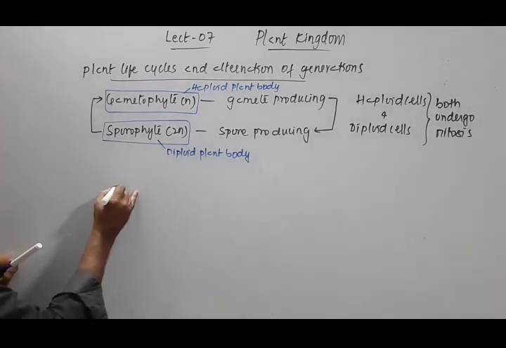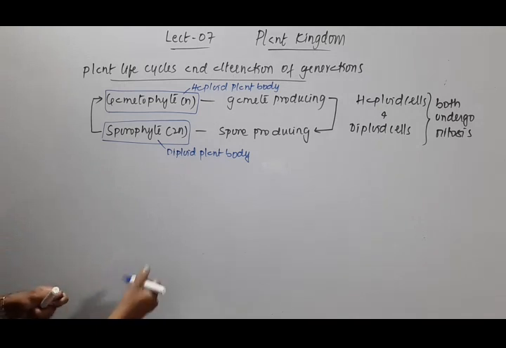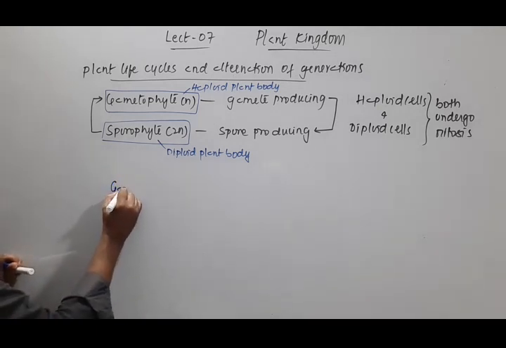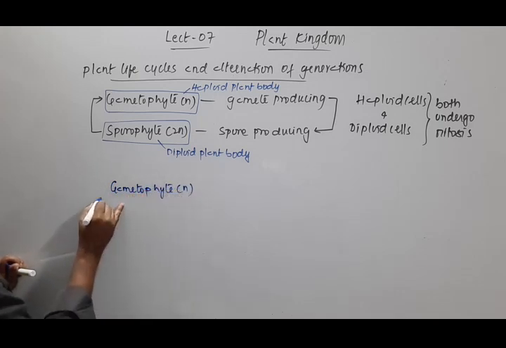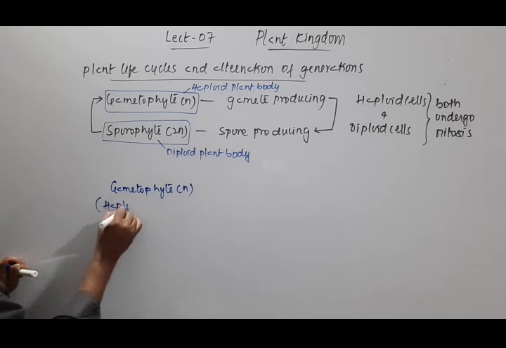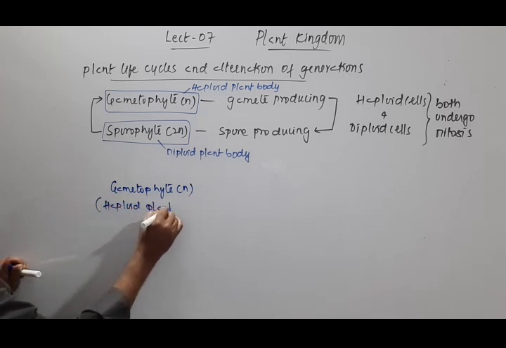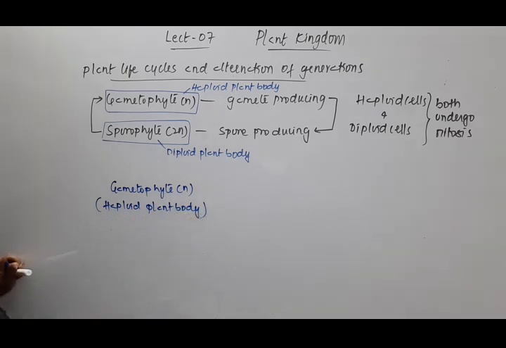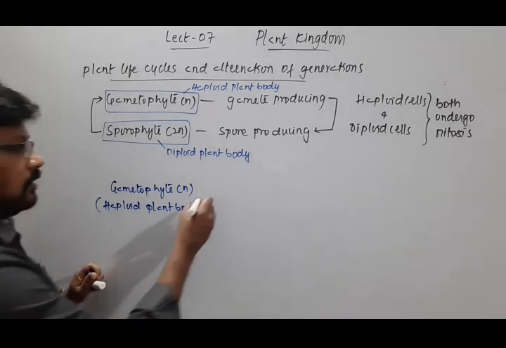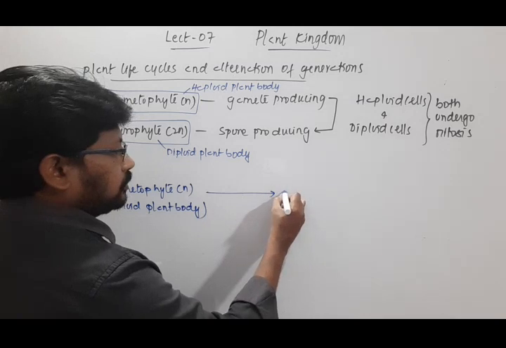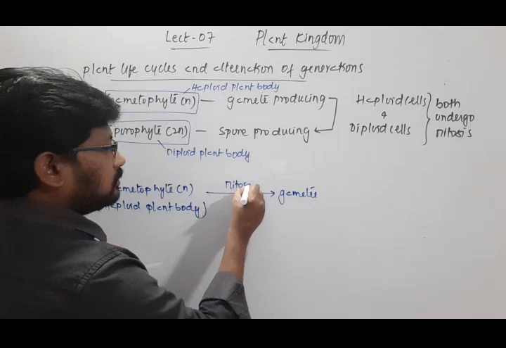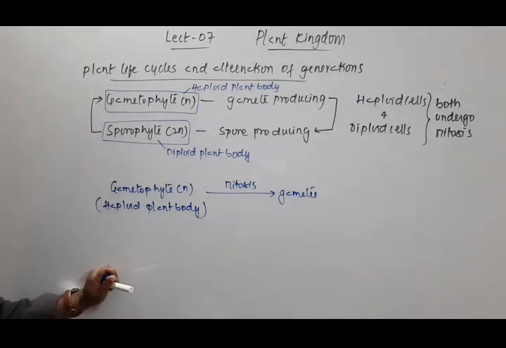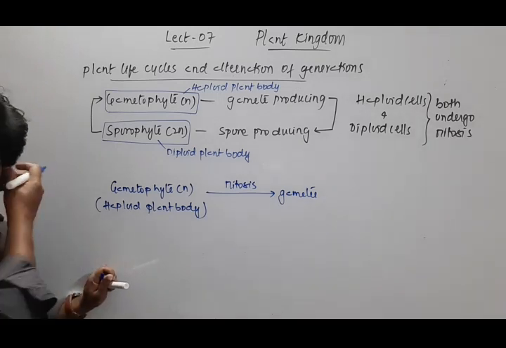I will start with gametophyte. So here the gametophyte is haploid plant body. So this is haploid plant body. So this gametophyte is going to produce gametes, and that will be by mitosis, because here the cells of the gametophyte are already haploid, hence it cannot undergo meiosis.